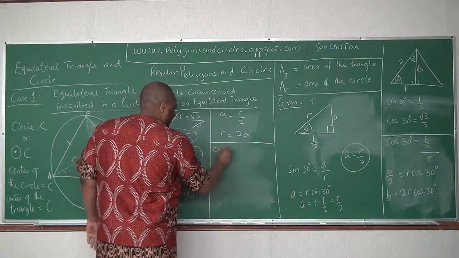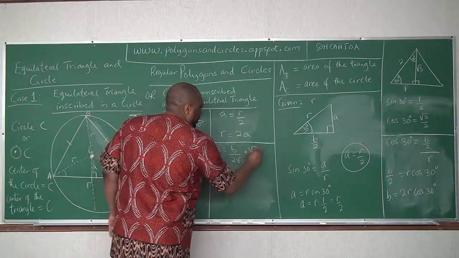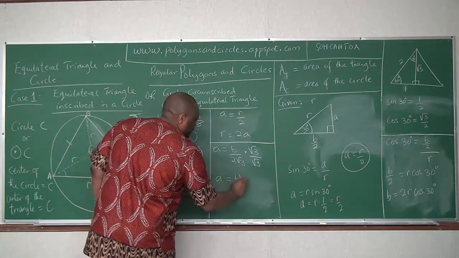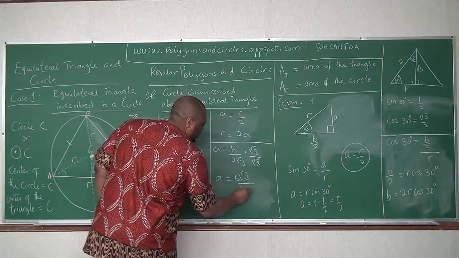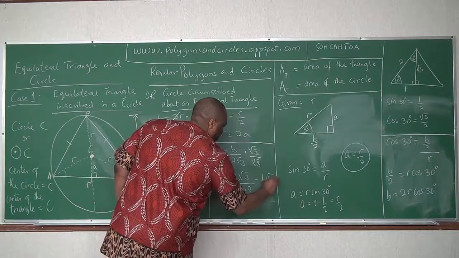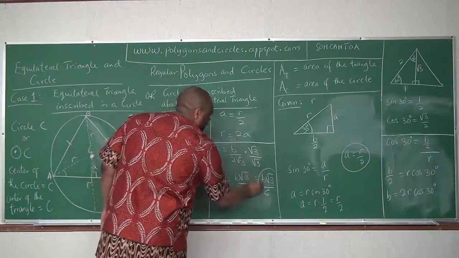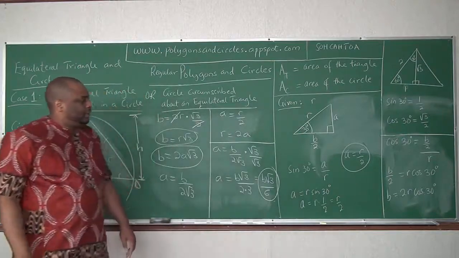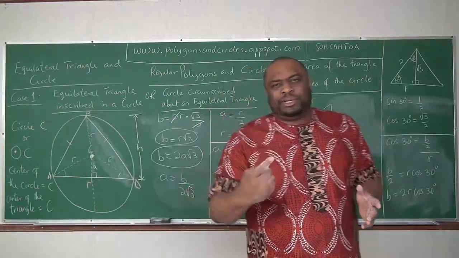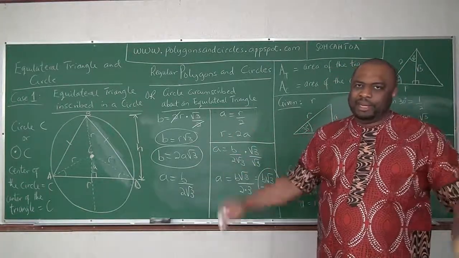So the apothem is b over 2 root 3 times root 3 over root 3. So the apothem will be b root 3 over 2 times 3, which is b root 3 over 6. That is the apothem if you're given the base. They need to give you just one thing, and you can find the rest.